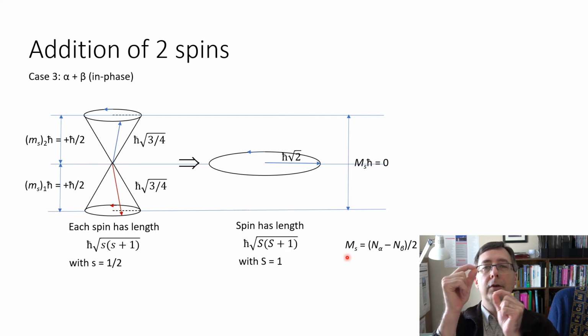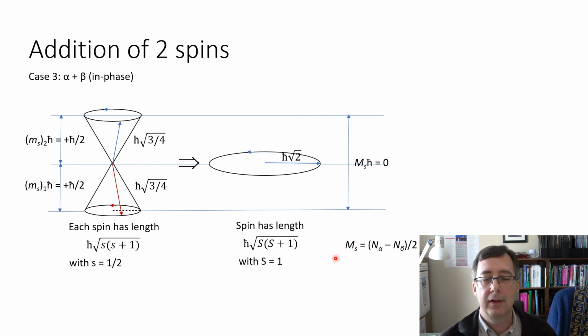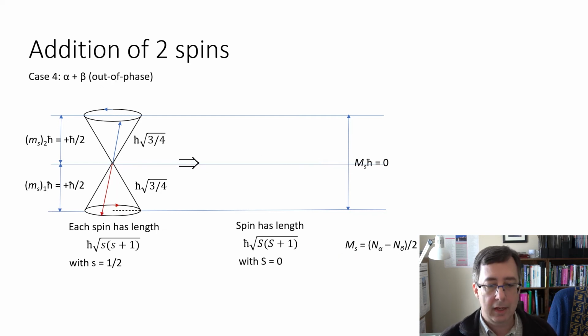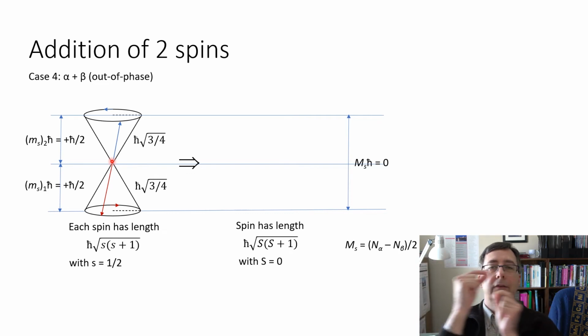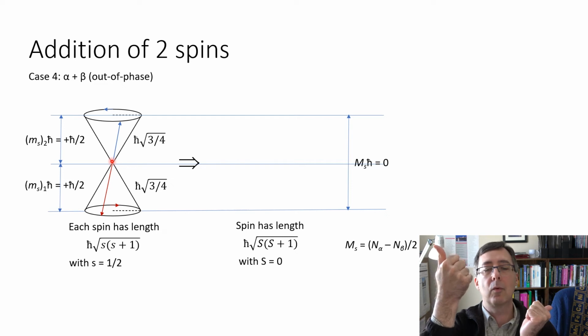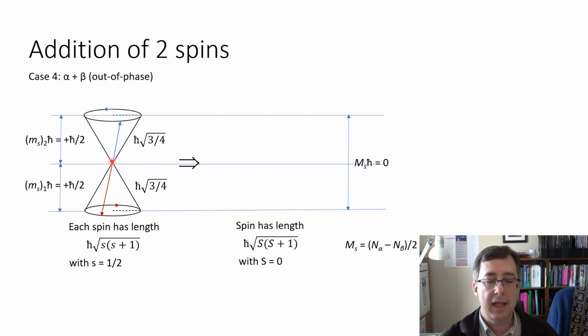These two vectors could be precessing in such a way that it looks like this, where instead of staying in phase so that the z part cancels but I get a net direction along x or y, now I'm going to have them go in opposite directions along x and y as well, so that the xy part cancels, and I have a total cancellation of these.